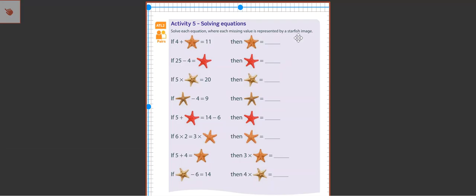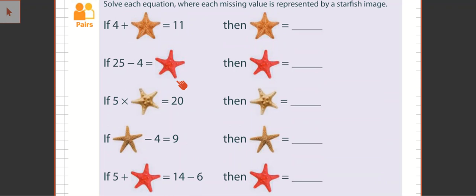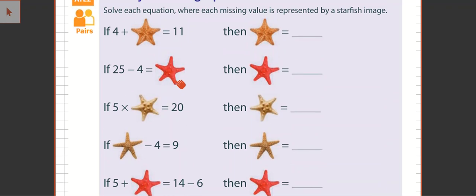Right, but before we do that, you have another sheet in front of you, just to give you the same sort of ideas. All right, so I can kind of shut up and stop talking for a little bit. Don't say yeah too loudly. All right. So basically, what you have here are examples of equations, but instead of an n, you have a star. So all you're going to do is figure out what the star is. And when you're doing it, I want you to think, how are you doing it?